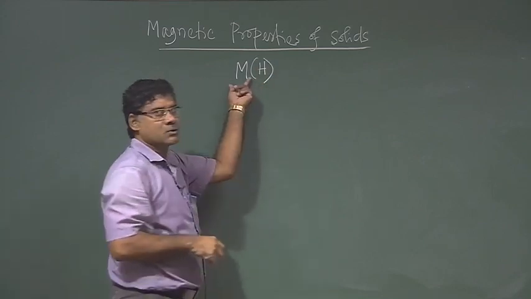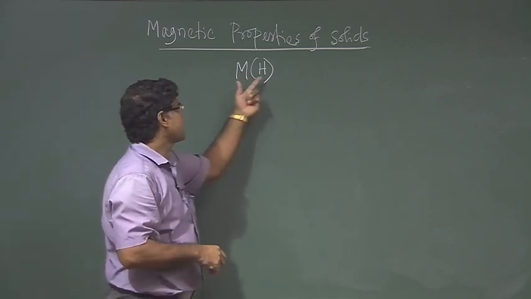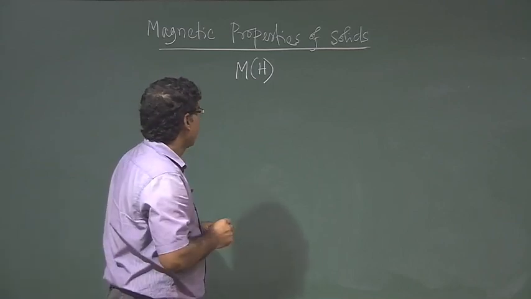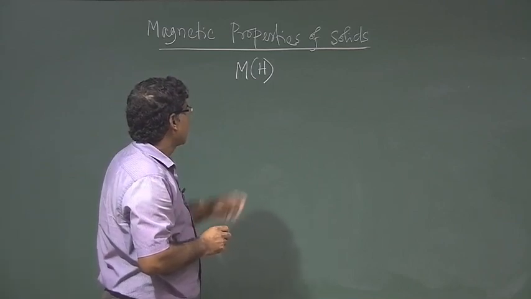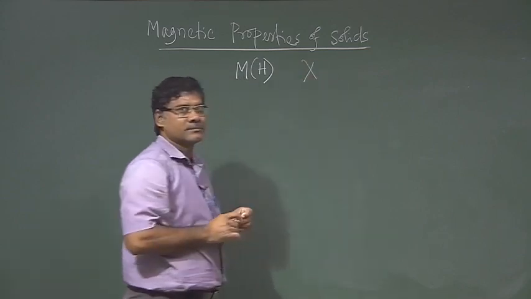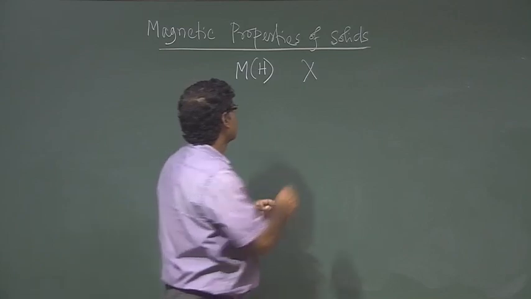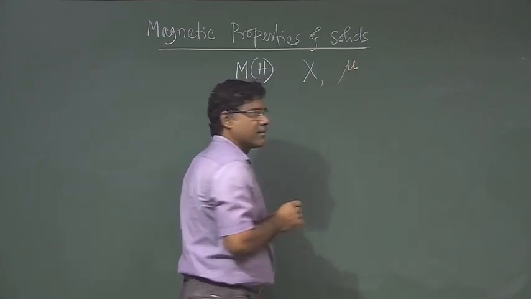So, one should measure the magnetization of that material as a function of magnetic field. And one can find out chi, and then one can find out mu, the permeability.